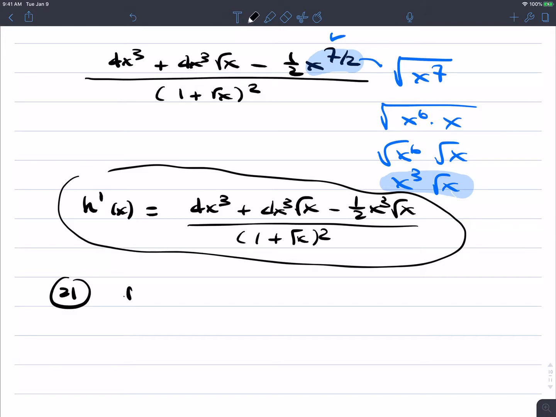Number 21. f of x is 2x squared plus 1 over x to the 4th minus 12.